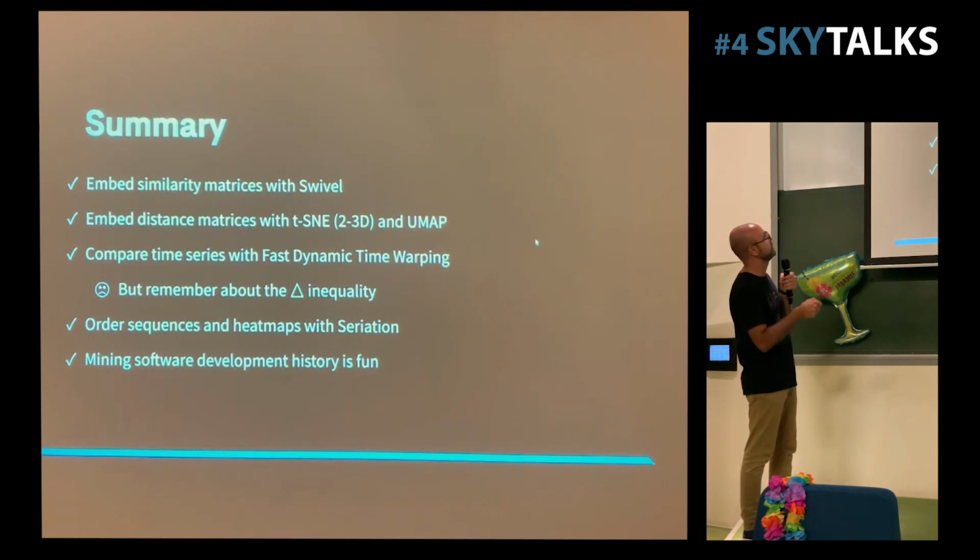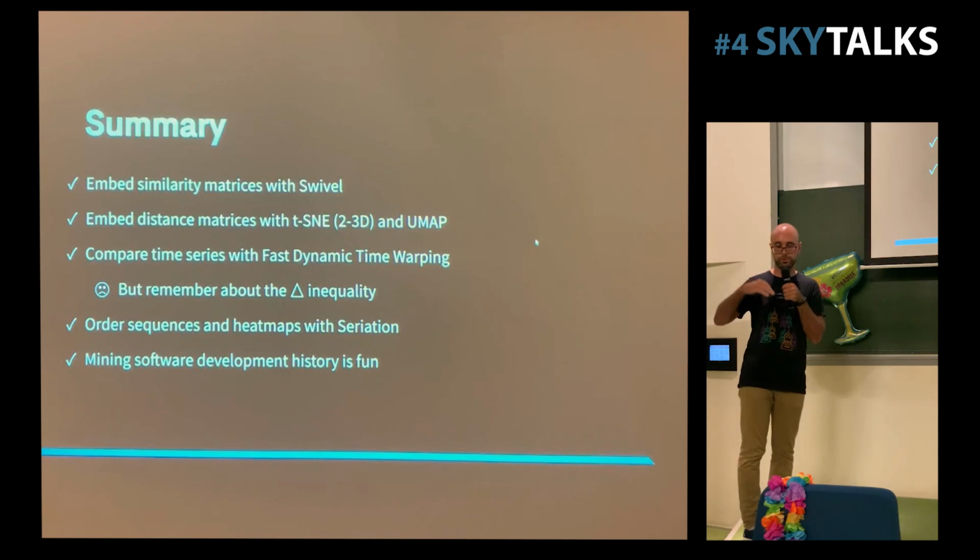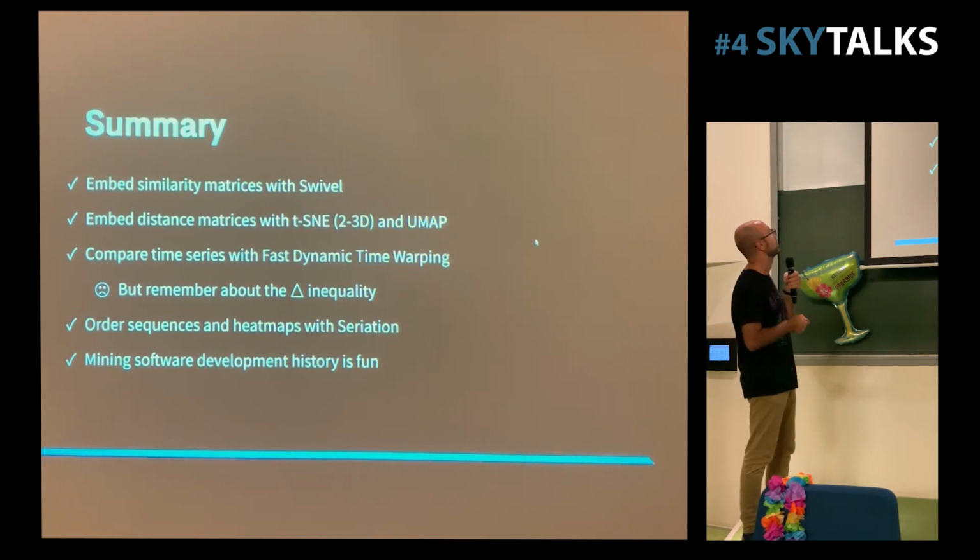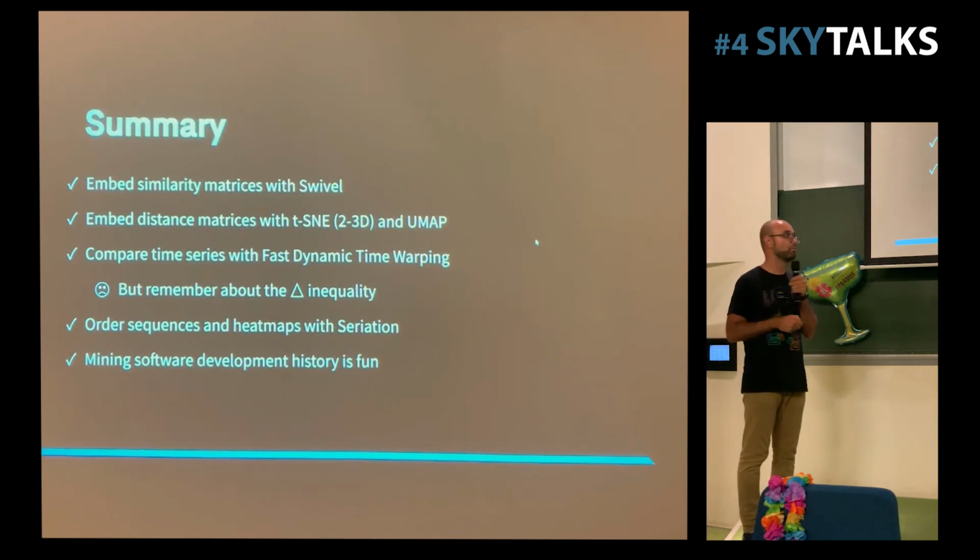And if you have a distance matrix, you can embed it with TSNE or with UMAP, and again show it in 2 dimensions, and again investors will love you if you have a startup. If you have time series, apply dynamic time warping as a distance measure, and again run this, and you'll get the results. Investors will love you.